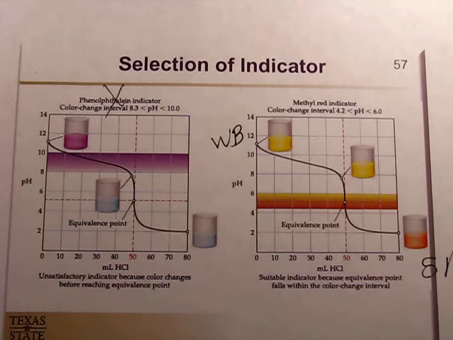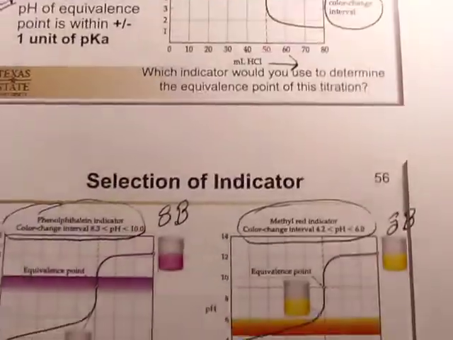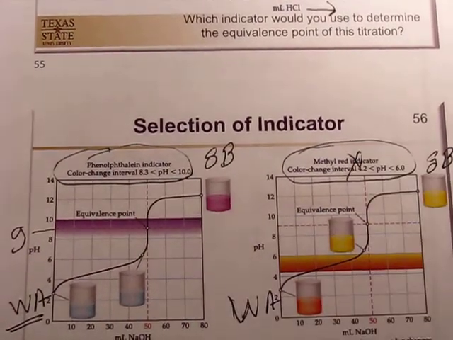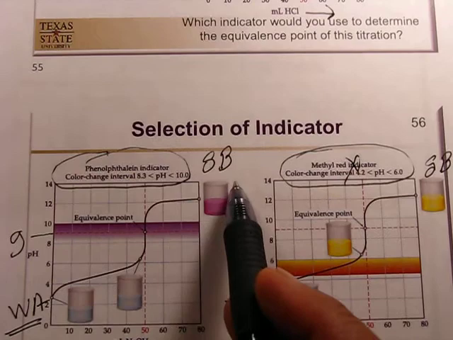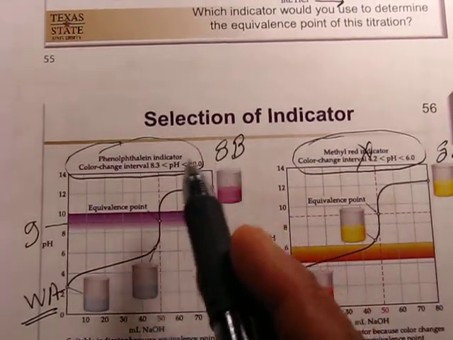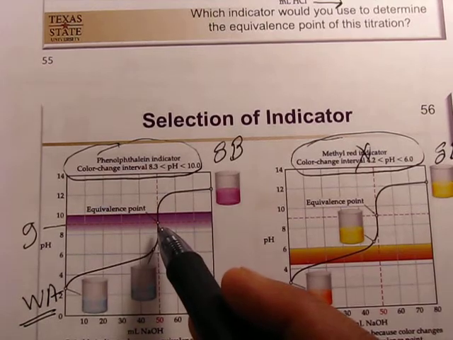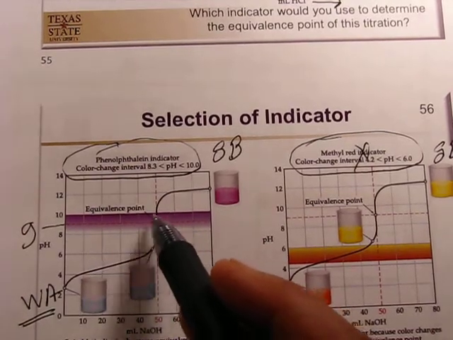And if you see the previous slide, for the strong base and weak acid, methyl red is not a good indicator. For weak acid and strong base, phenolphthalein is a good indicator, because its color change will be where the equivalence point lies, in the color change area.